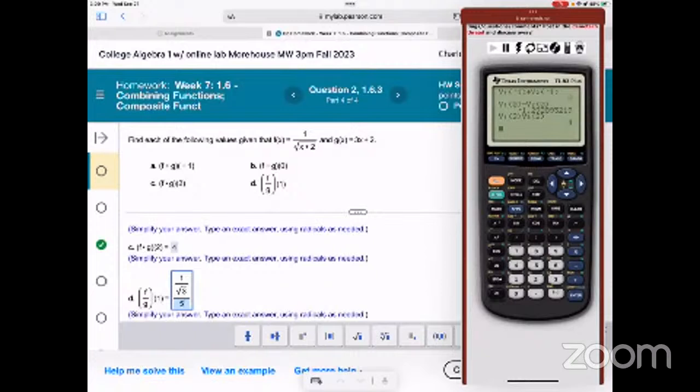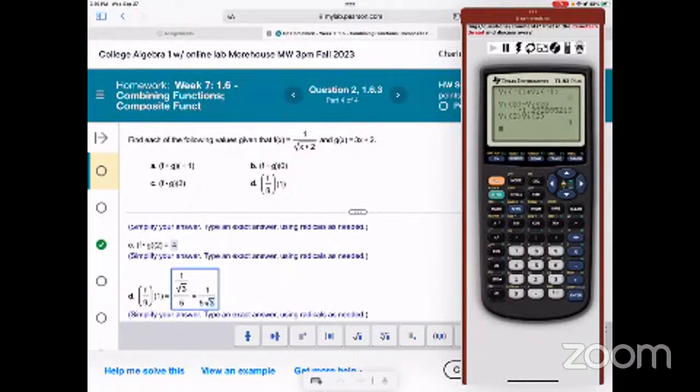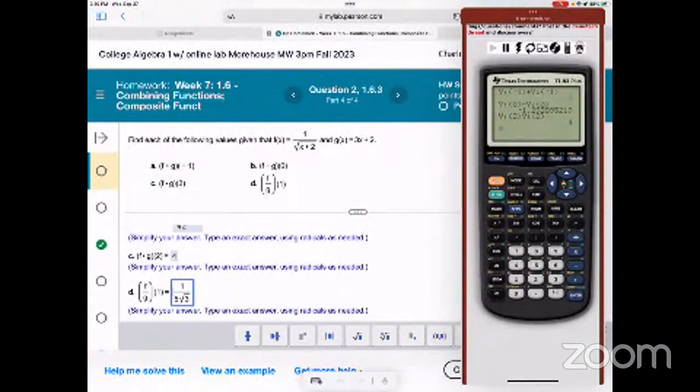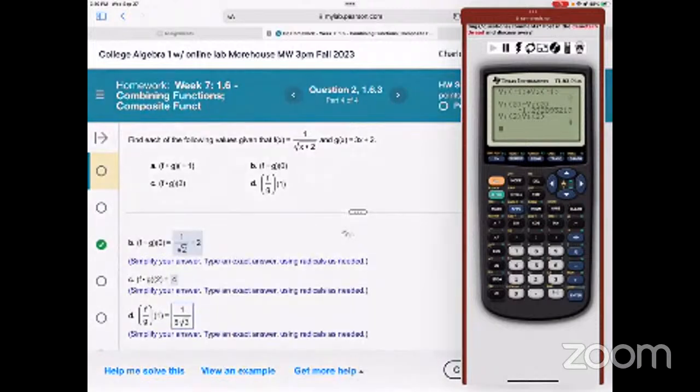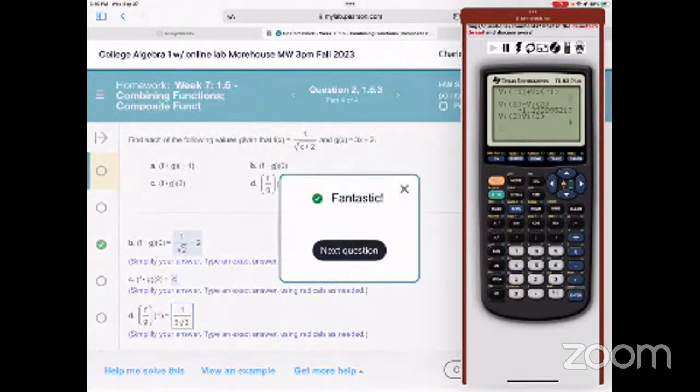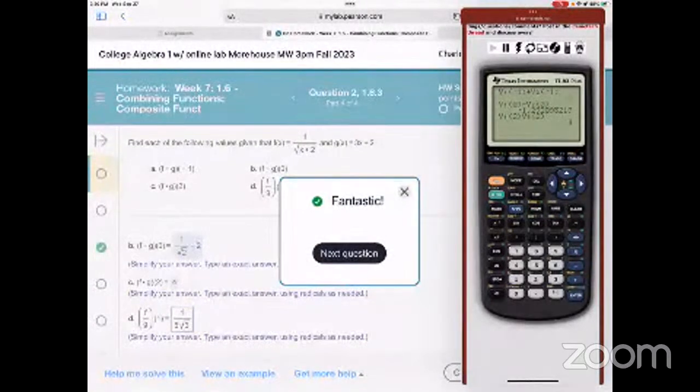So then if we were to rewrite this, this would be what? 1 over 5 times the square root of 3. Let's just write it over here. 1 over 5 times the square root of 3. Usually we need to rationalize, like usually we don't leave radicals in the denominator, but I know sometimes I do accept that as a result. So I'm just going to submit this. Okay. All right.